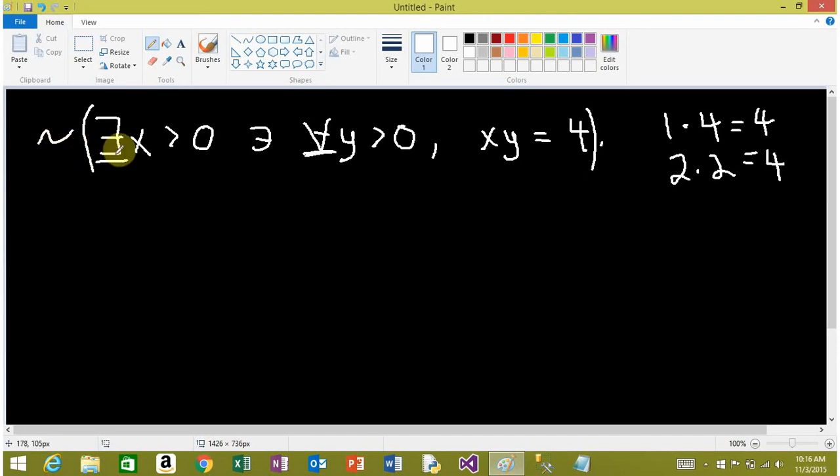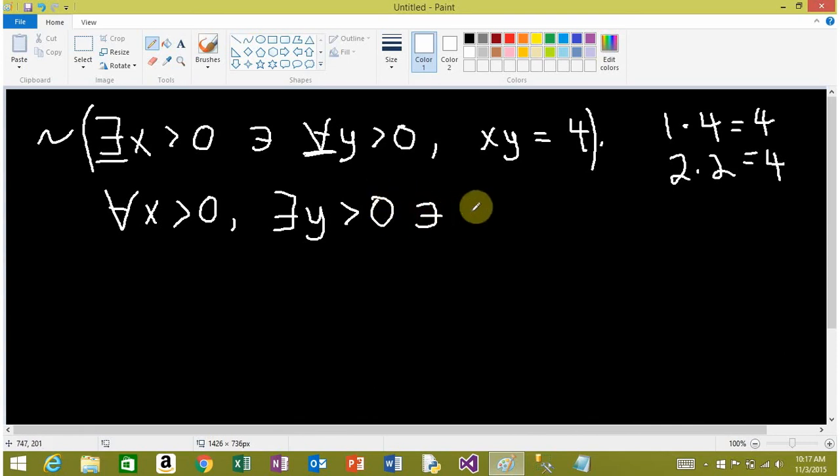So if we negate this, the there exists an x greater than 0 becomes for all x greater than 0, comma. Then we can say there exists a y greater than 0 such that xy does not equal 4, because the opposite of xy equals 4 is xy does not equal 4.